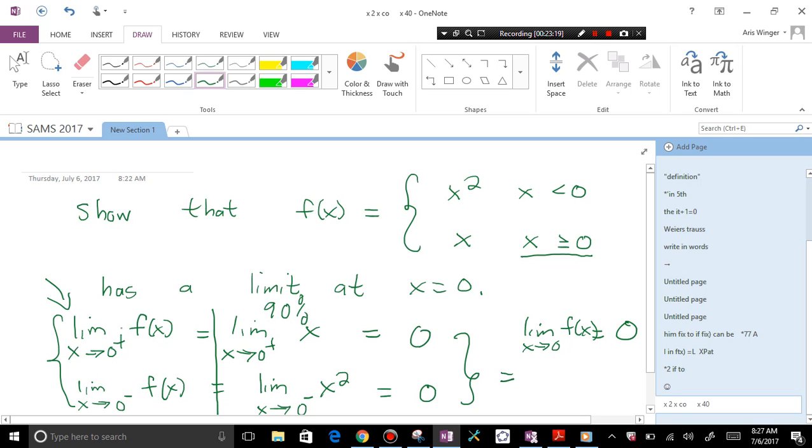What is the writer telling me when they write this? That they're considering both sides. Yes, which is precisely what I would like to see. When I ask you to show this, I don't care whether you can plug in 0 into x or x squared. I need to know whether you know that we're considering the limit from the right and from the left. That's what this problem is about, not about whether you can do the algebra.